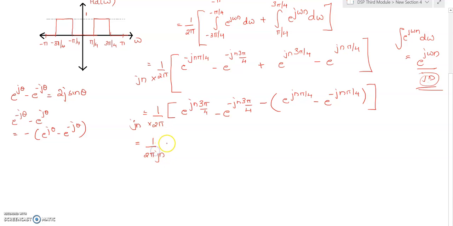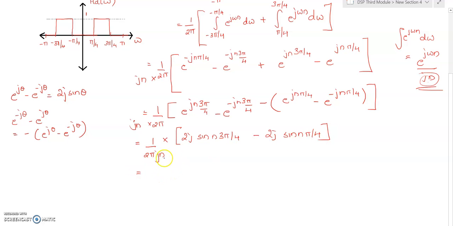2 pi jn into, when we write it, it becomes 2j sine n 3 pi by 4 minus 2j sine n pi by 4.